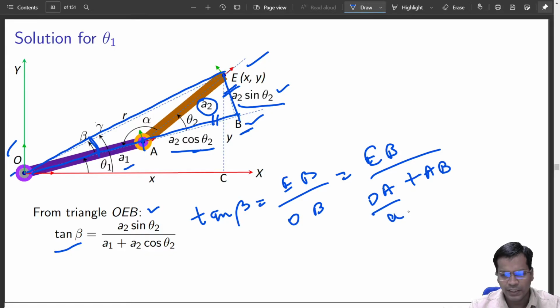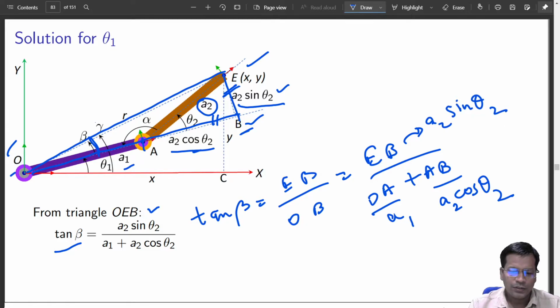OA is simply a1 and AB is a2 cos theta 2. Done. And how much is EB? EB is a2 sine theta 2. So that is what is giving you this. Done. So this is the first triangle, and this is one of the expressions that we have got for tan beta.